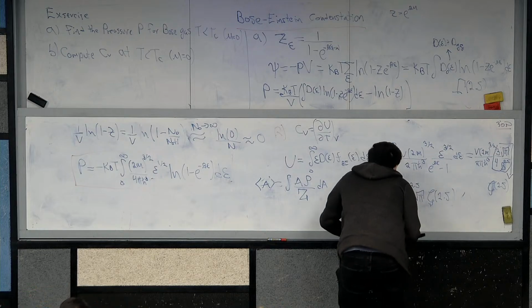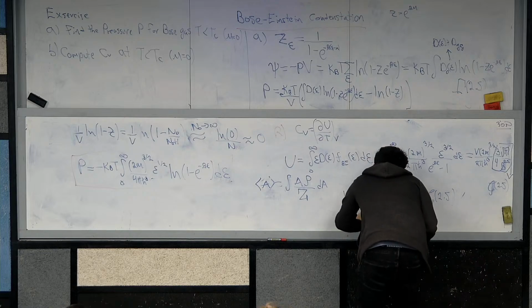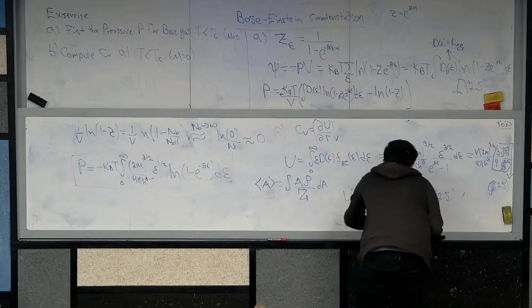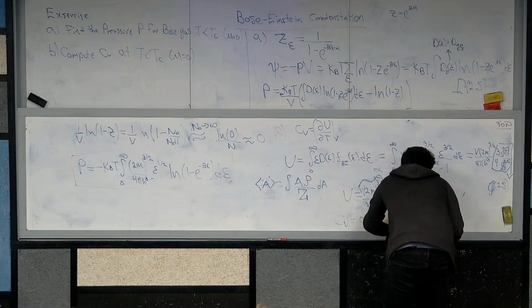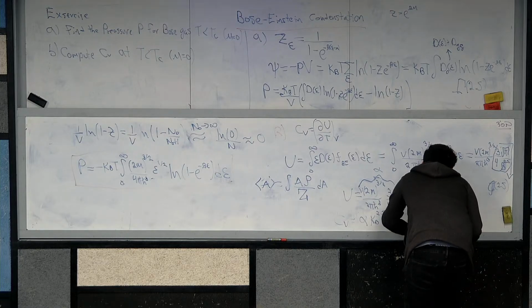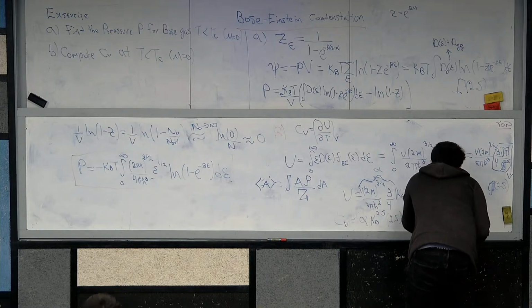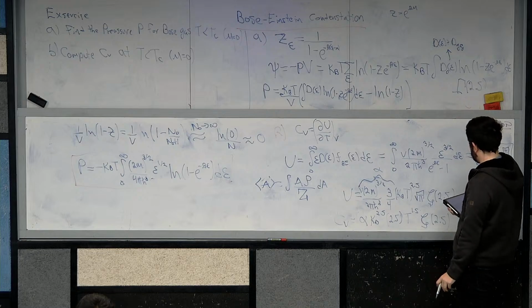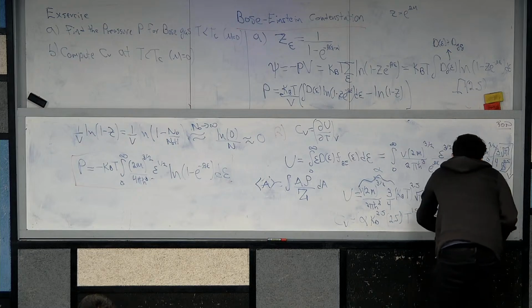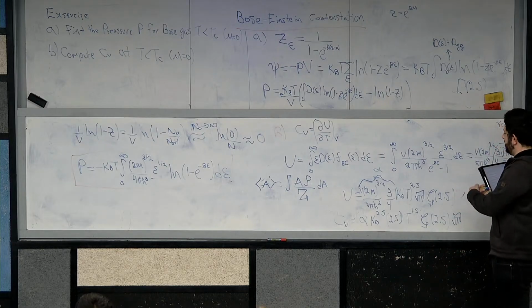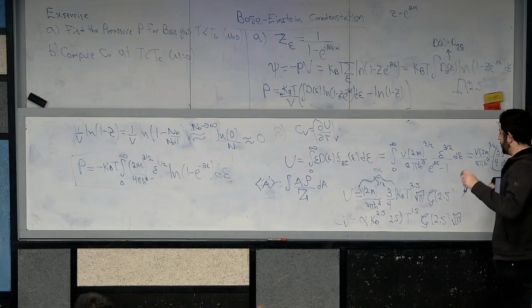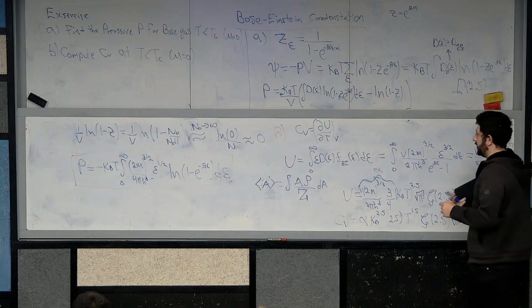So this would be alpha times kB times 2.5 times T to the 1.5 times the Riemann zeta coefficient. Okay, that's the heat capacity and that's the exercise.